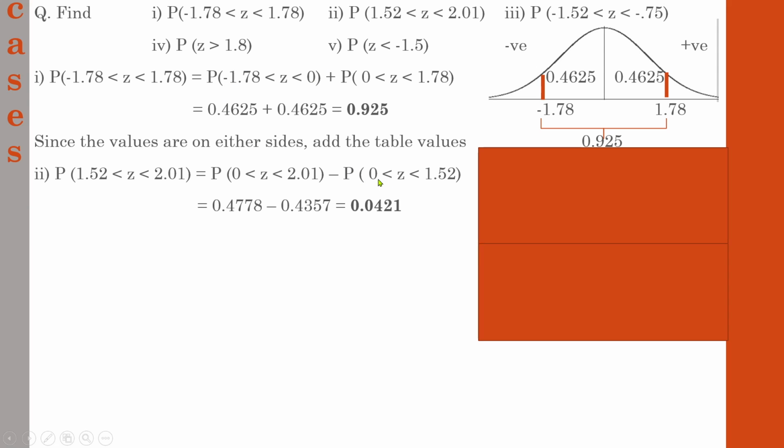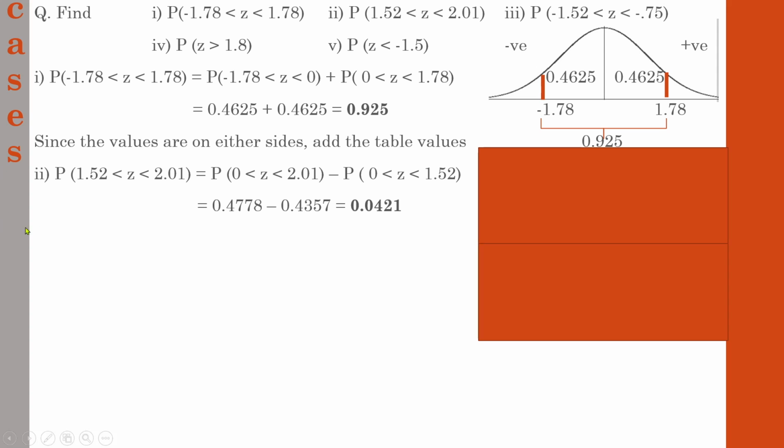See, 0 less than z less than 1.52, just like that. That is the representation of a positive value and a negative value. At first you may find it confusing, I think because of the complex representation and accumulation of all these numbers and signs in a small page. That may be the situation.